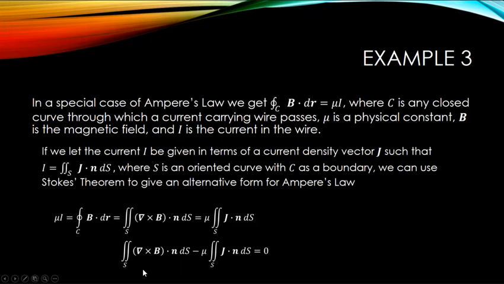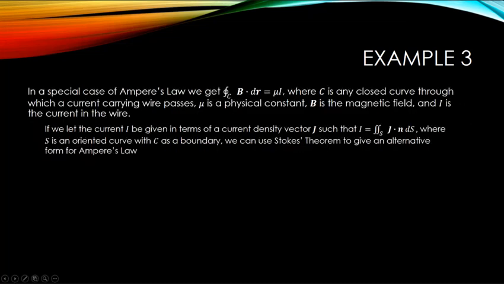Now notice that both of these double integrals have the same variable of integration and the same limits. This means that I can pull them into a single integral. The single double integral becomes the double integral over S of del cross B minus mu times J dotted with N dS.